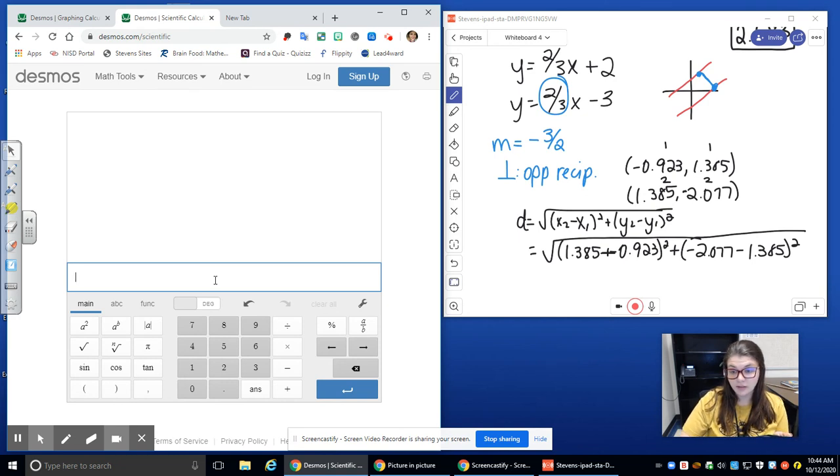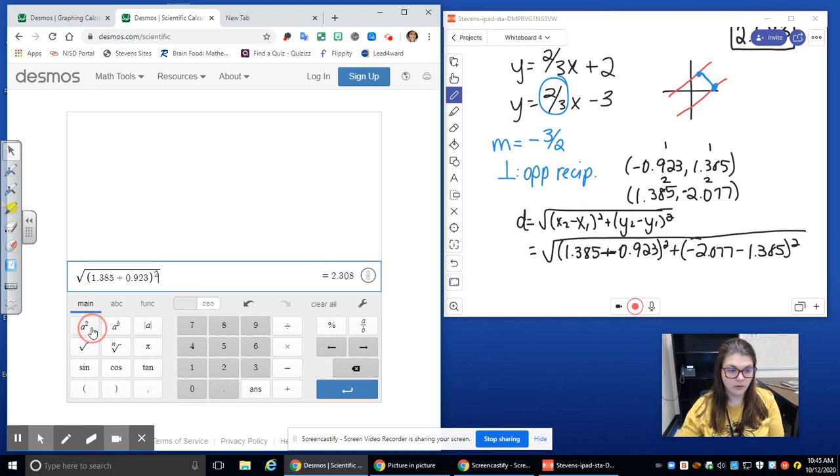And then last step, we just type it into our calculator. You can solve it by hand if you want to do that, go for it. If not, you can always double check here. So we type it in as it's written, plus, and square it.